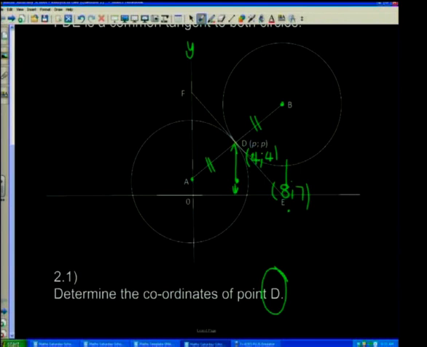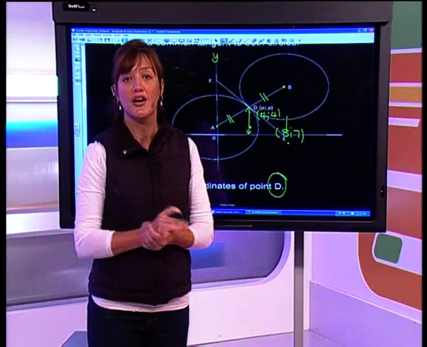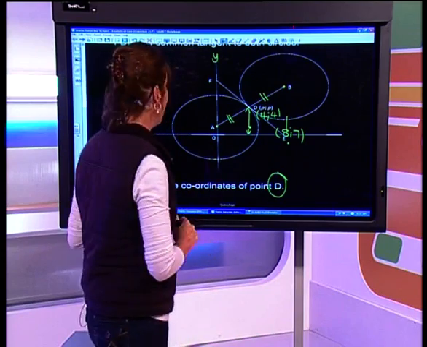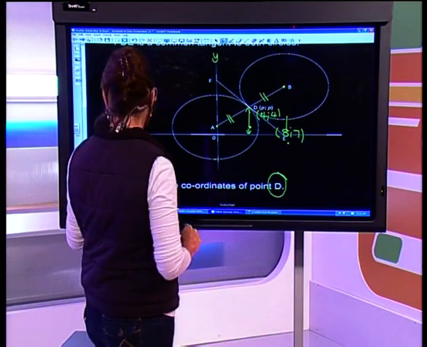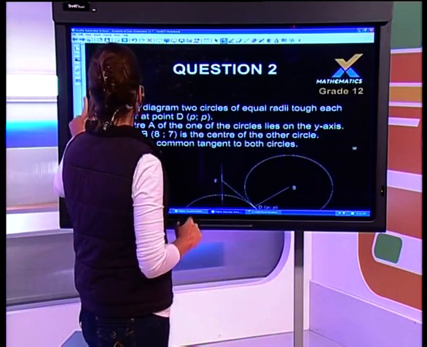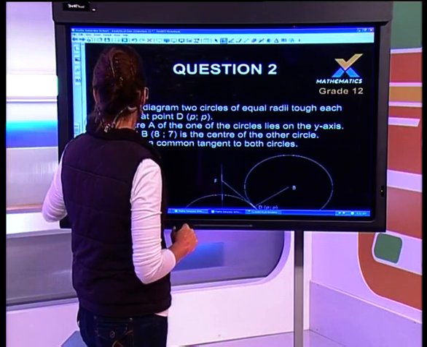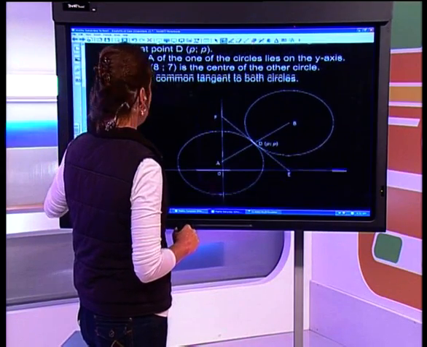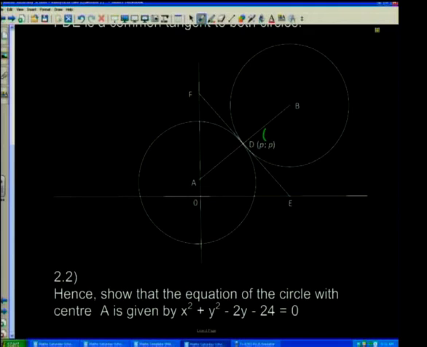So by using inspection, because we knew that D was the midpoint of these two lines, we could work out that the coordinates of D are 4 and 4. Knowing that, we now know that D is the coordinates of 4 and 4.